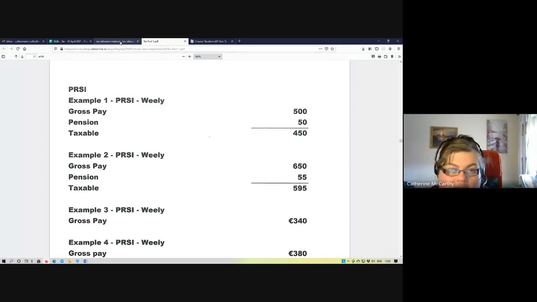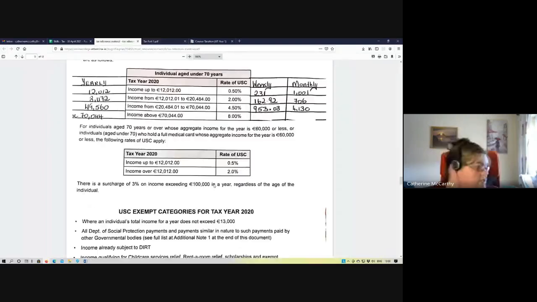Okay, so we're just going to look at our tax reference material now before we start on our calculations. So we're going to look at page 7 for our PRSI now.